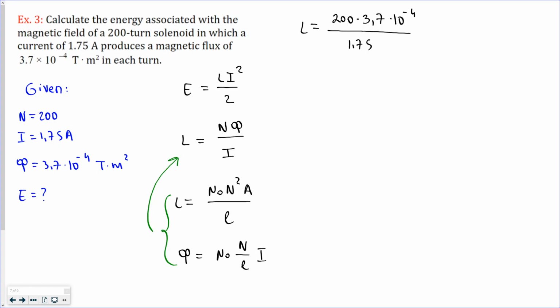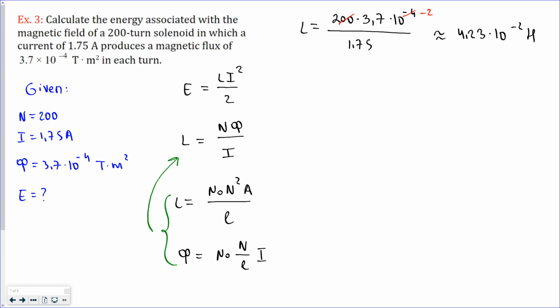And what we can do here, so 200 and this is minus 2, we just calculate what we got here for the L. It is approximately 423 10 minus 2 Henry.